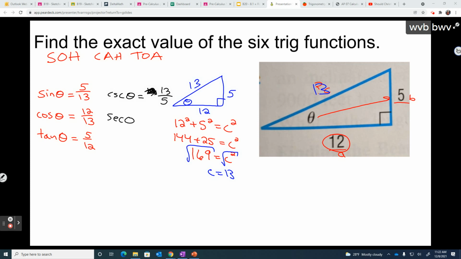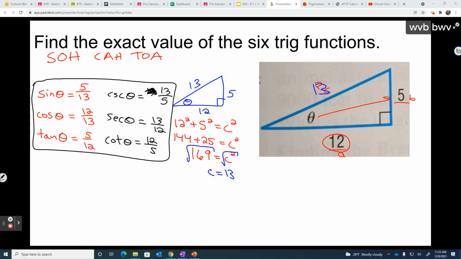Cosine is secant, all you do is flip it, so 13 over 12. Cotangent matches with this, so you flip it. Cotangent of theta is 12 over 5. So those are your 6 answers, I think. Easy enough, right?